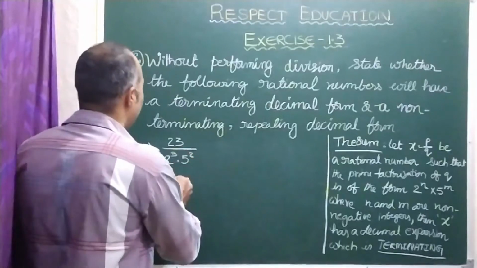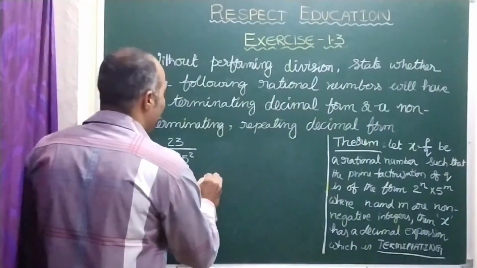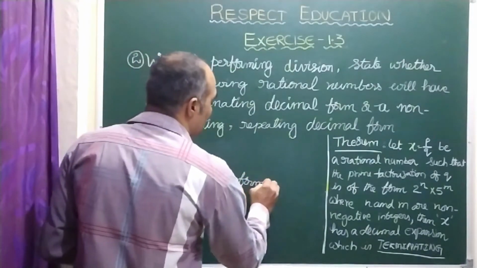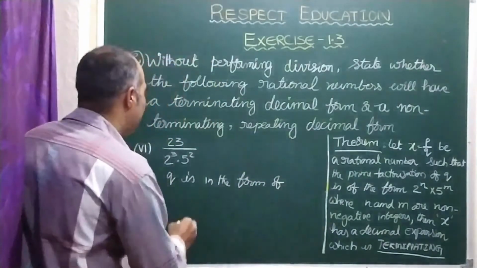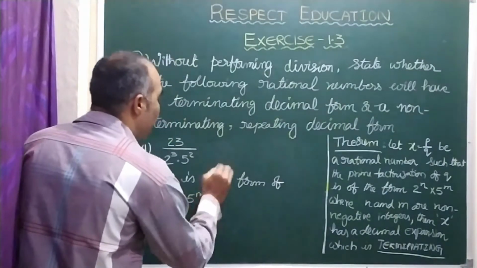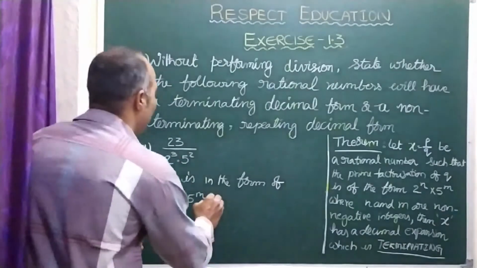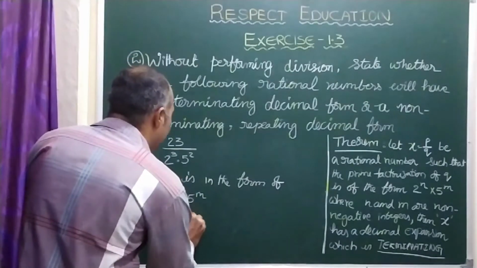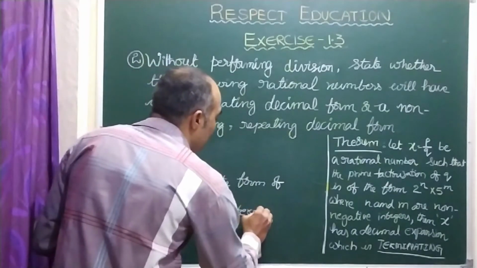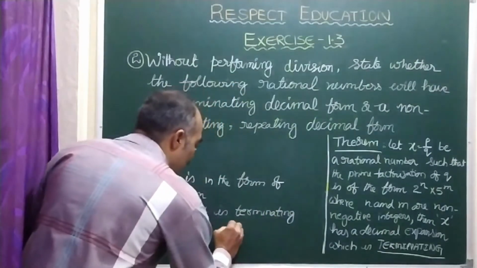You can write here clearly that q is in the form of 2 power n into 5 power m for some non-negative integers n and m. So it is terminating decimal form.